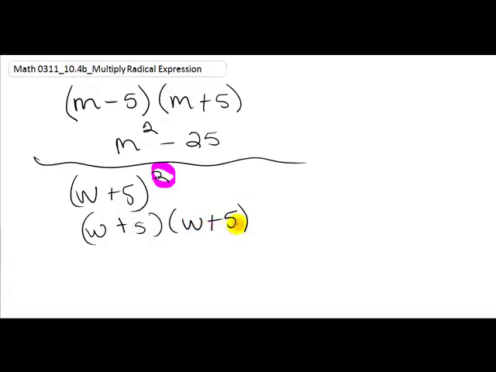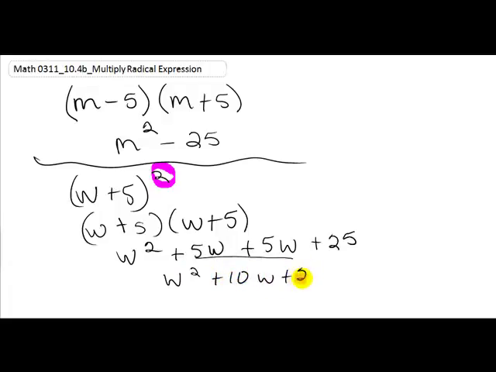And then do the foiling thing. Then we combine those middle terms.